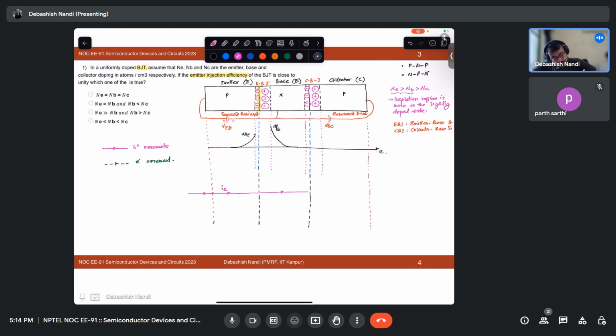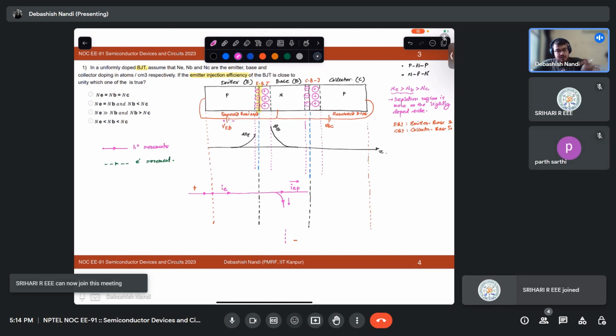Let's call this IEP. And you see at this place you have a negative potential. This is positive and this is negative. So some of the holes will be trying to move in this direction, and due to that a particular current will flow. We call that the recombination current for the time being.